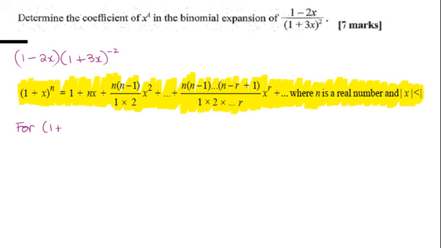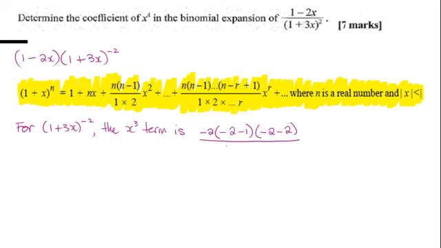So I'm going to say, all right, so for the 1 plus 3x to the negative 2, the x cubed term is, following the pattern, it would be n times n minus 1 times n minus 2 over 1 times 2 times 3, or in other words 3 factorial, times the 3x cubed.